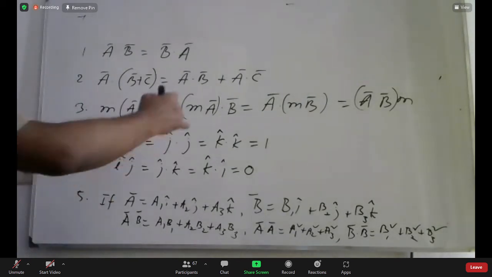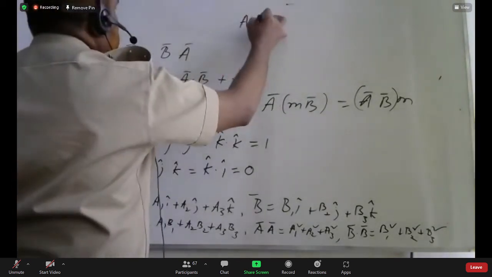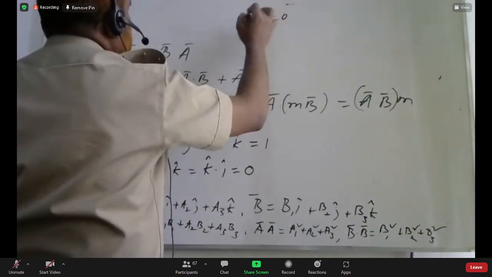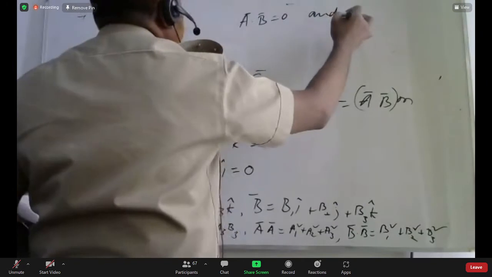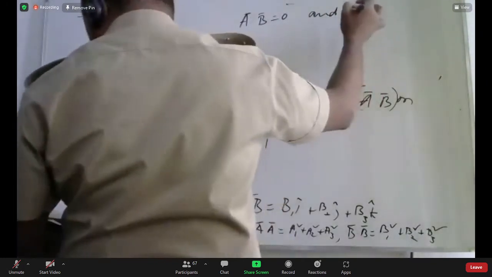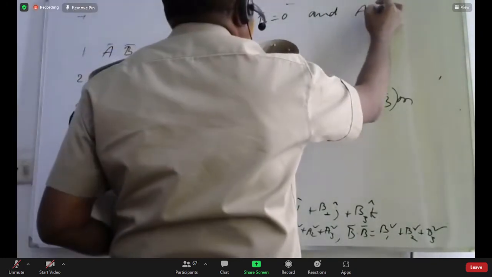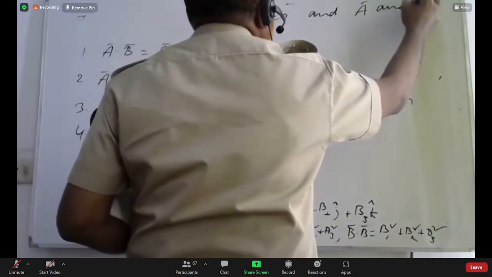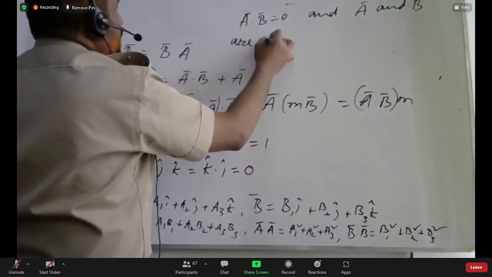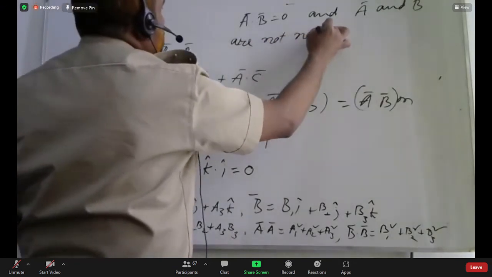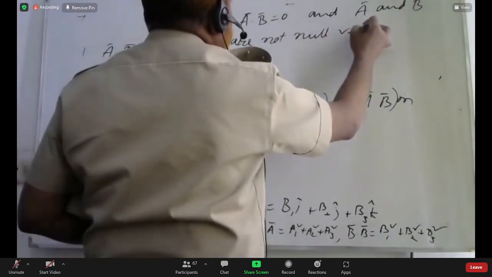And also if A dot B is equal to 0 and A and B are not null vectors. What is a null vector? Who can say?